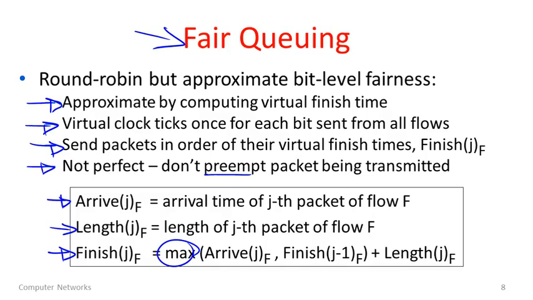If it arrived early, it just has to wait around and it shouldn't even be considered until the previous packet is gone. Or if the queue was lying idle, the finish time of the previous packet wasn't really relevant, we just start again when the new packet comes. You don't get any sort of credit for not having used the queue for a long time.